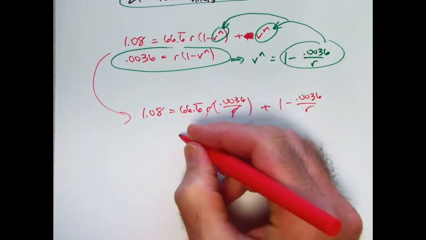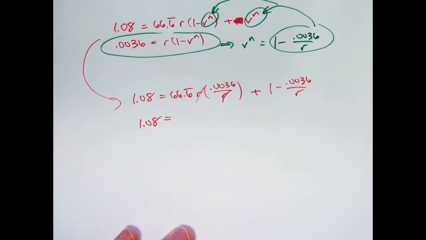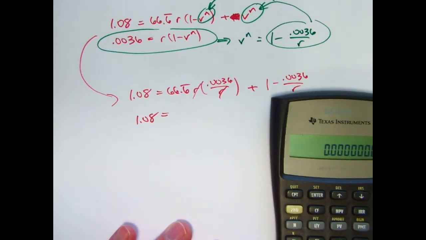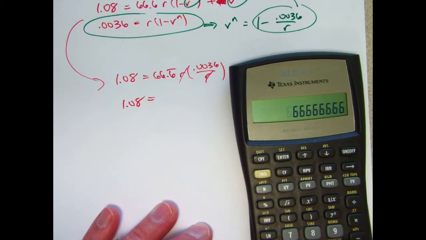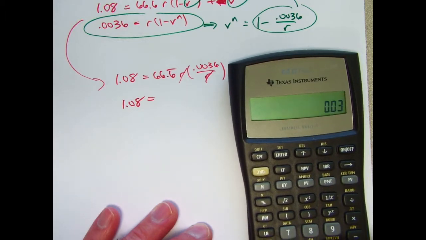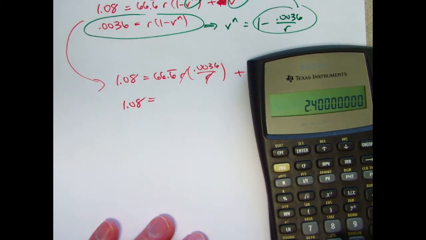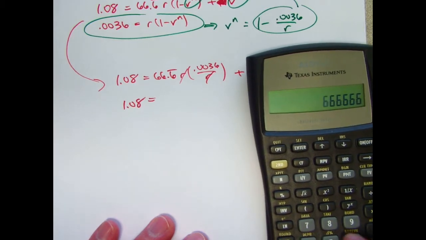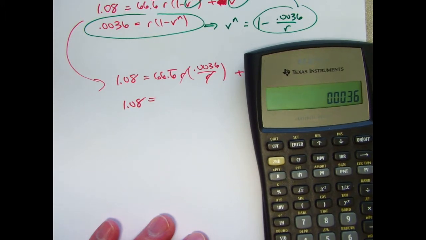Getting close here. Better write things down so I don't make a mistake. 66.6 repeating times 0.036 is evidently 2.4. Is that right? I was thinking that was different. Let me try that again. 66.6 repeating times 0.0036.